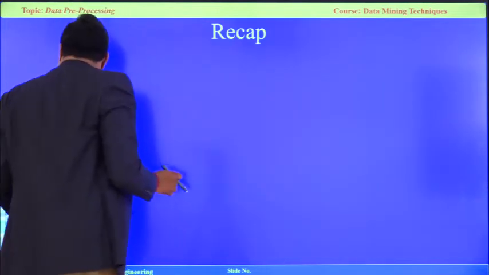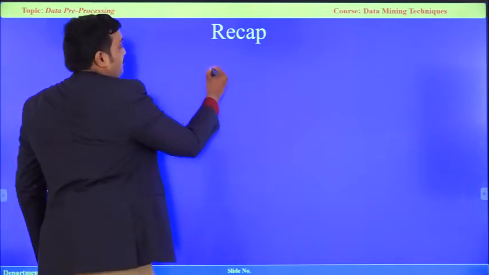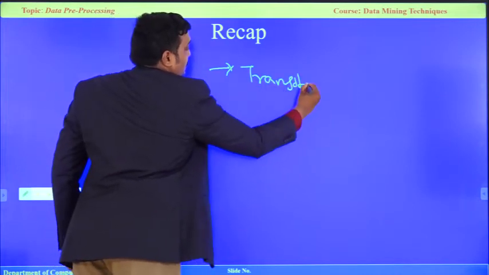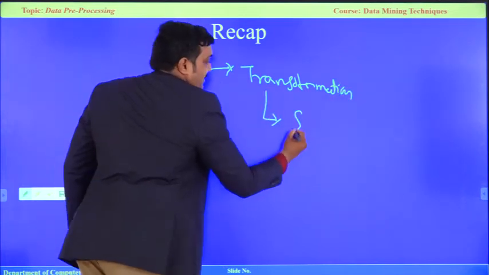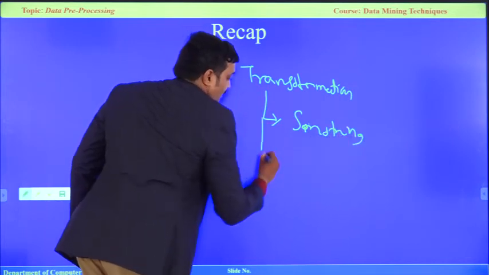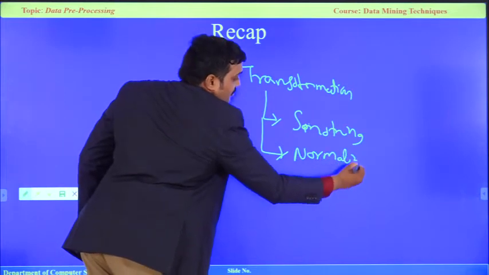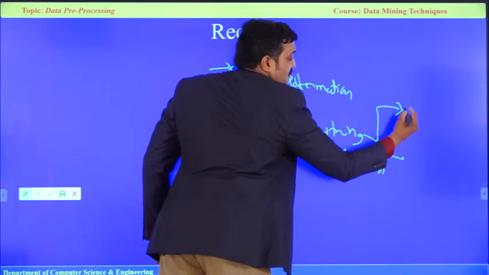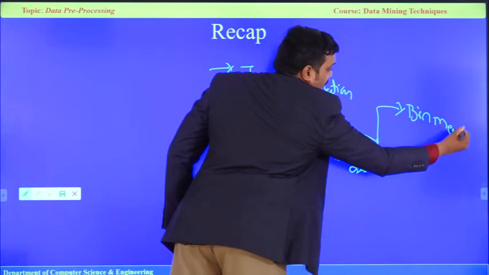So what we learned today in the session: the major topic is transformation. Under transformation we learned about the smoothing concept, and we learned about normalization. Under smoothing we have 2 approaches, the binning approach, bin mean and boundaries.